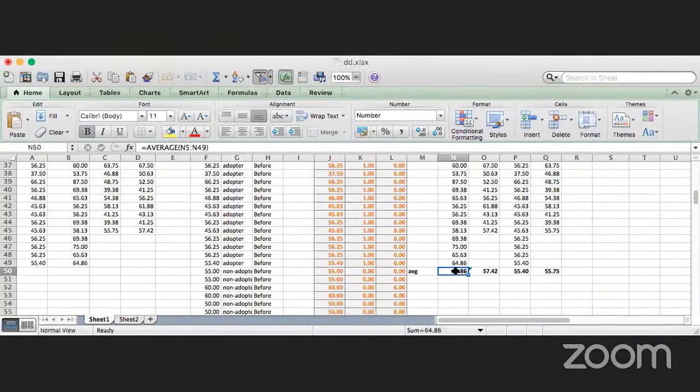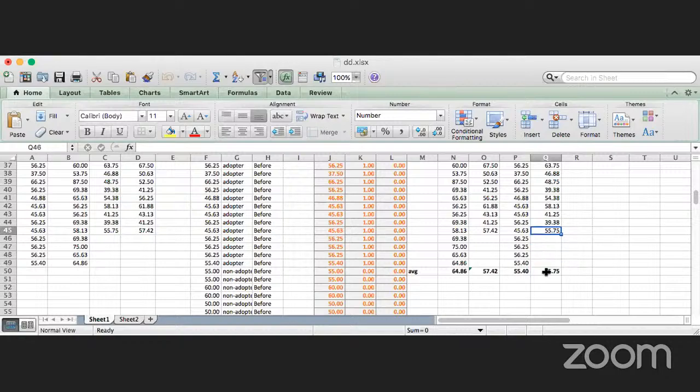This difference shows the adopters before and after the program interventions, what their average yield is. This yield indicates the adopters before intervention of the program. Likewise for the control groups before and after.